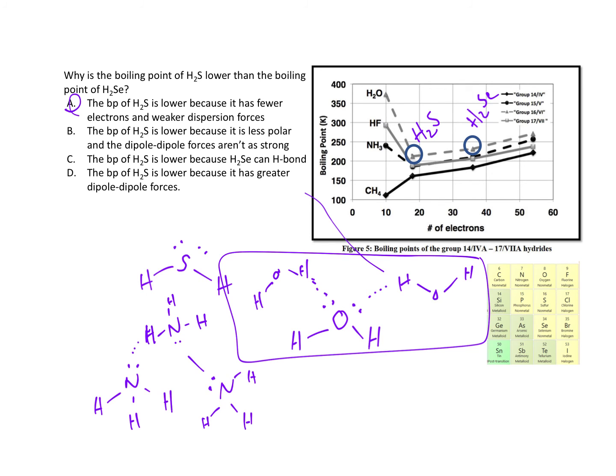If you think about boiling, we boil water, we create steam. We're generating individual molecules of water by doing that, but we aren't breaking any oxygen-hydrogen covalent bonds. We're only breaking hydrogen bonds.